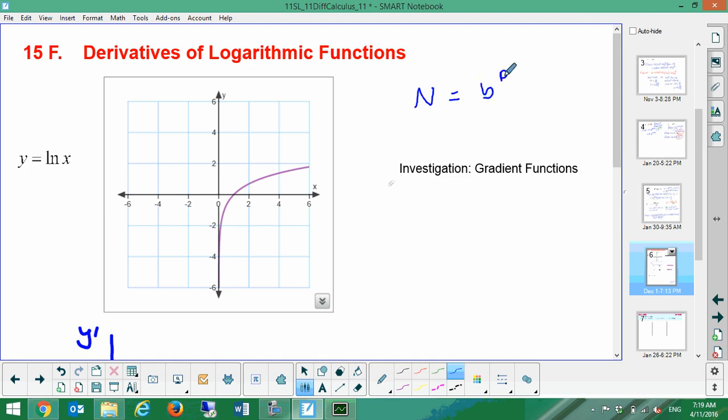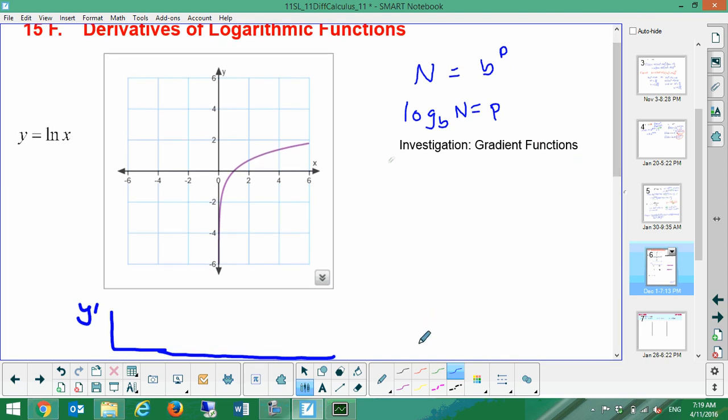If we write that as a log, then we write log base, whatever our base is, of the number equals the power. So when you're taking a log of a number, you're finding out what power you need with that base to make the number.